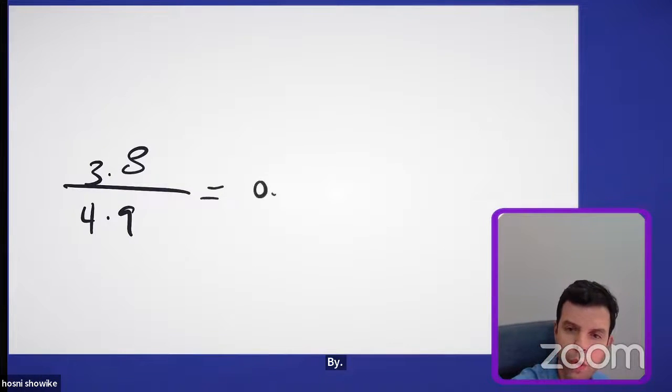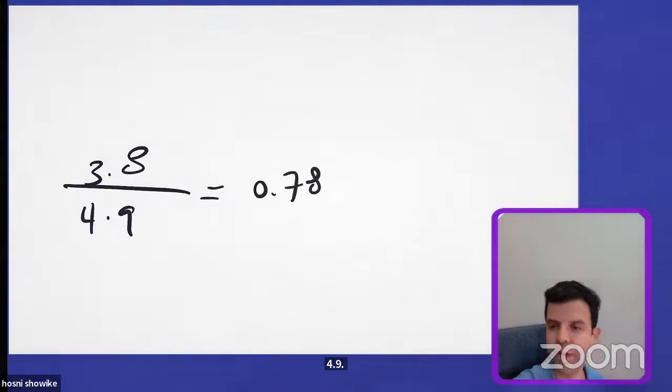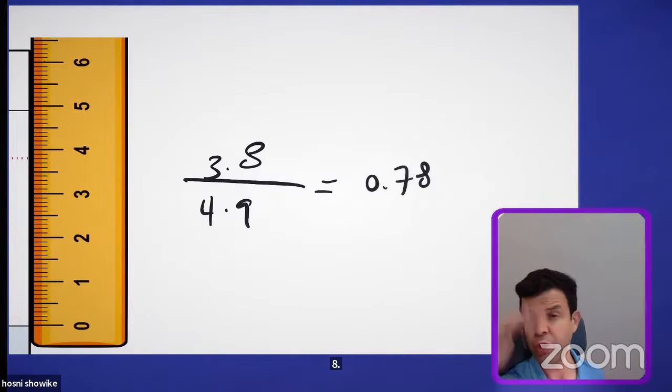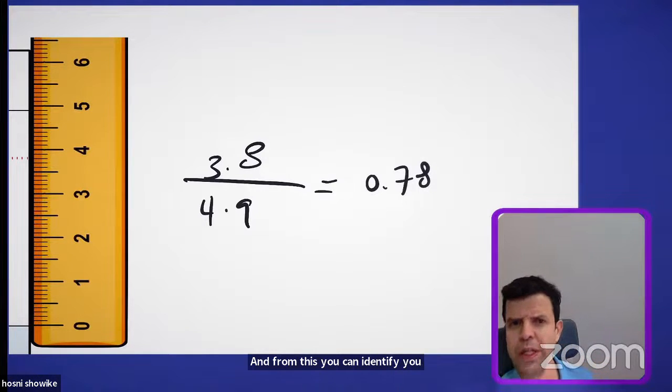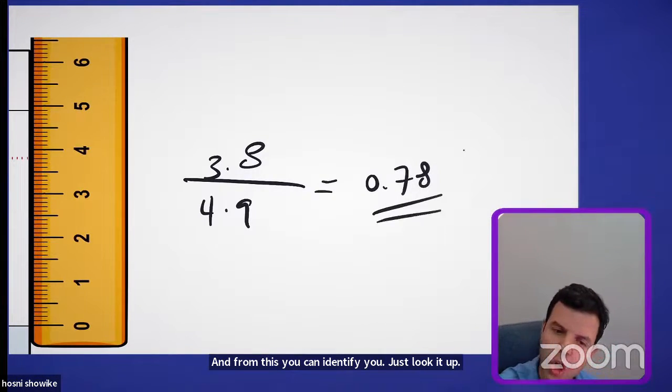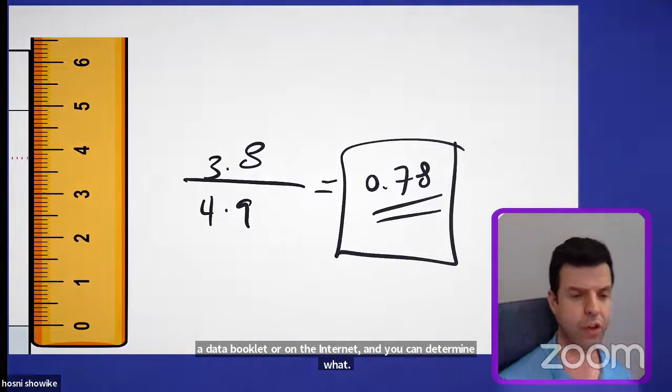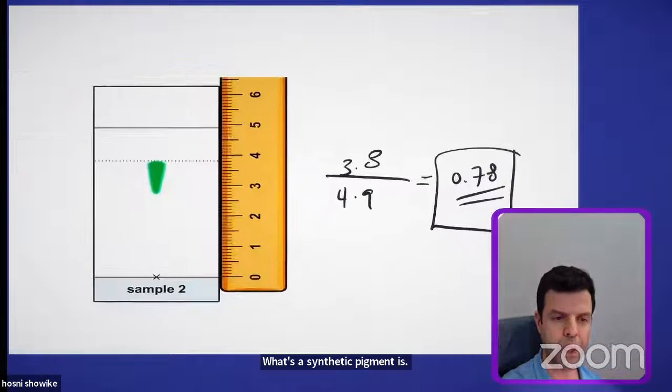It's 0.78. Okay? And from this, you can identify, you just look it up on a data booklet or on the internet, and you can determine what photosynthetic pigment is this one. Okay?